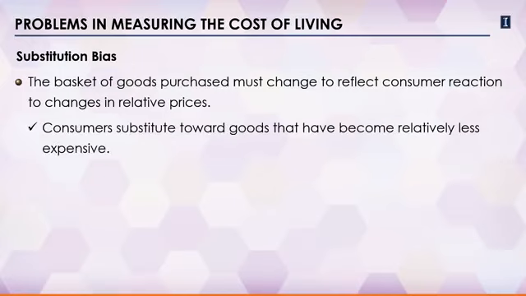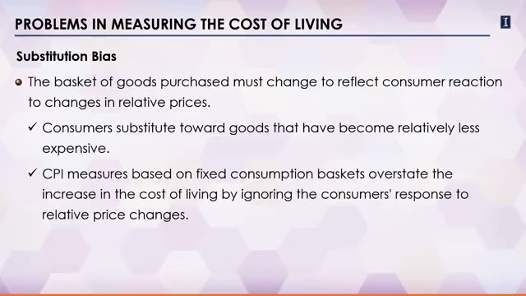So the whole idea is that consumers substitute towards goods and services that have become relatively less expensive and move away from more expensive goods. And as a result, the impact of changes in prices on their budget is much milder than CPI measures, because CPI keeps those weights constant, assumes that you continue to buy the same amount regardless of the change in price.